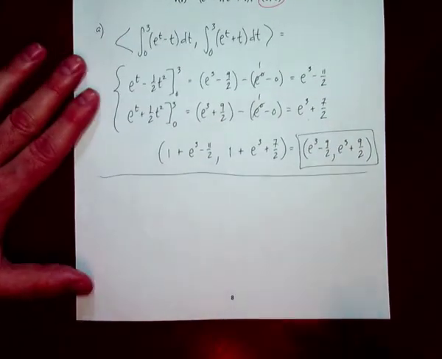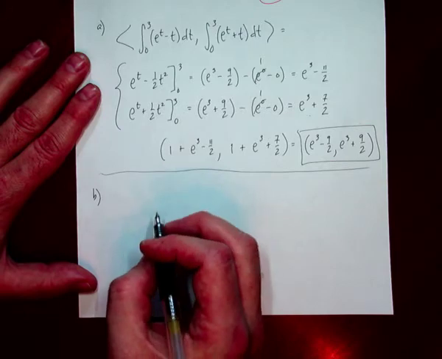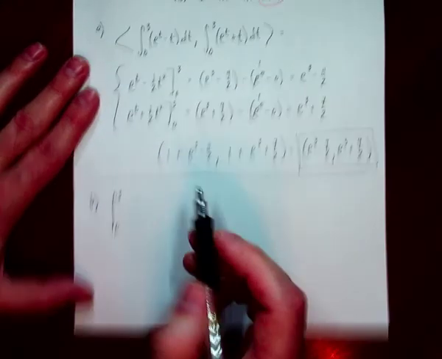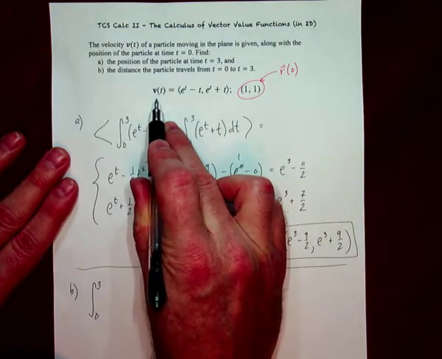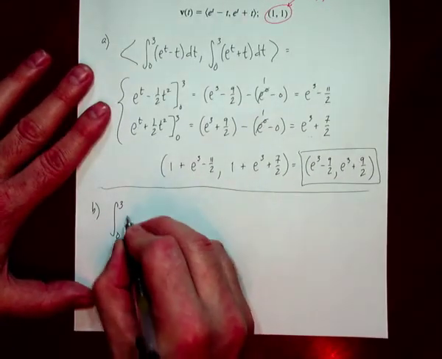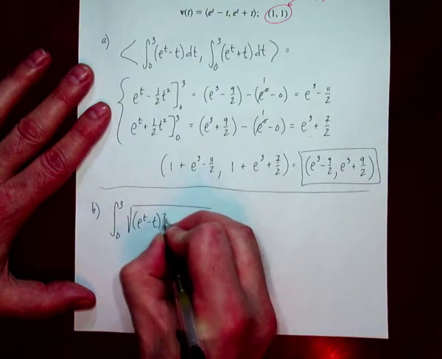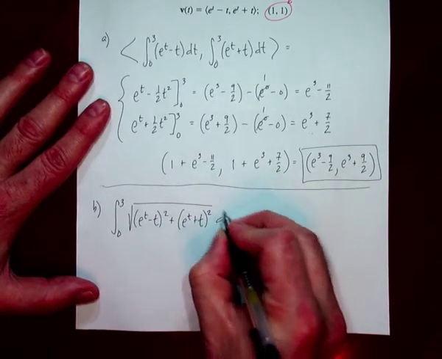Okay, and again, if we're asked for the total distance the particle traveled, it's arc length. And the thing is, I don't have to take the derivative. These are the derivatives, right? Because it's velocity, not position. And therefore, it is e to the t minus t squared, e to the t plus t squared dt.